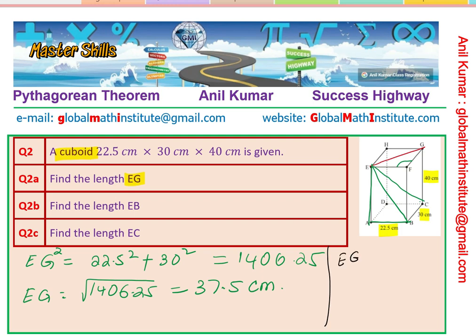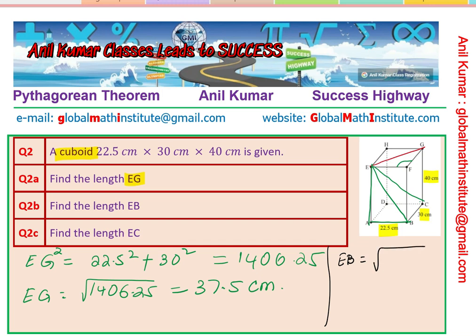E to B should be equal to the square root of 22.5 square plus the height, which is 40, correct? This side is 40, and this is the right angle triangle we are looking at. So 22.5 square plus 40 square should give you what? It gives you 810,000, and the square root of this answer gives you 900.